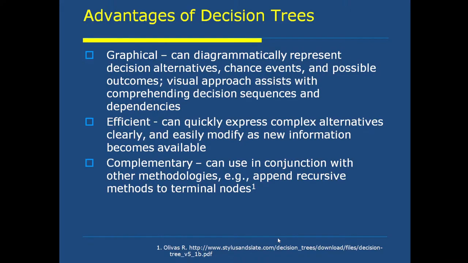Decision trees are efficient: they can quickly express common alternatives clearly, and are easily modified as new information becomes available. They are also complementary, and can be used in conjunction with other methodologies, for example, recursive methods applied to terminal nodes.